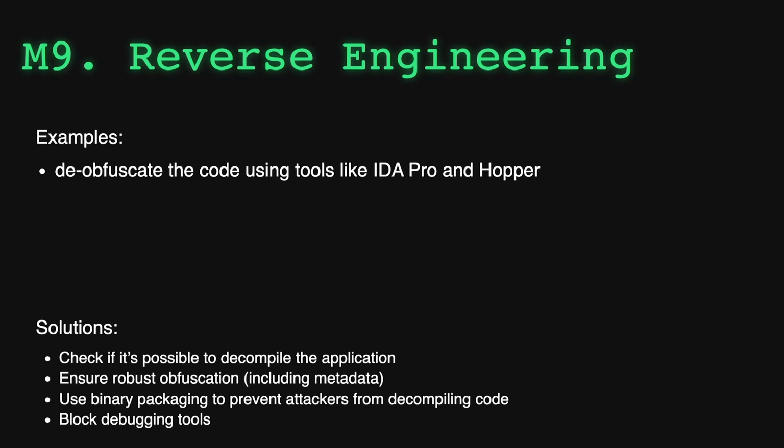So the solution here is that you need to always make sure that, as much as possible, you protect your application from being decompiled, and make sure that robust obfuscation, including metadata, is added. Use binary packers to prevent attackers from decompiling code, or block debugging tools, especially in the production environment.